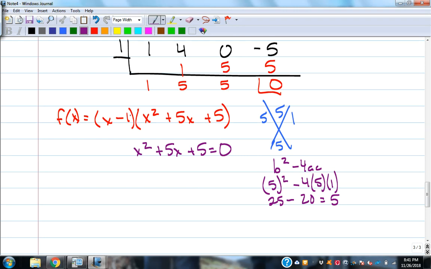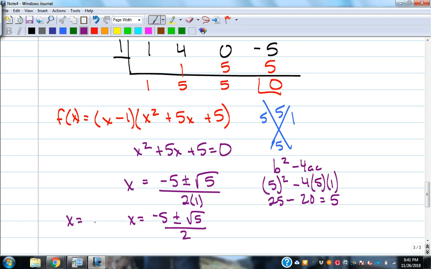That tells me I have 2 real solutions. Doing that discriminant first also helps shorten up the quadratic formula, so it doesn't get overwhelming. So that's x equals -5 plus or minus the square root of 5 over 2 times 1.